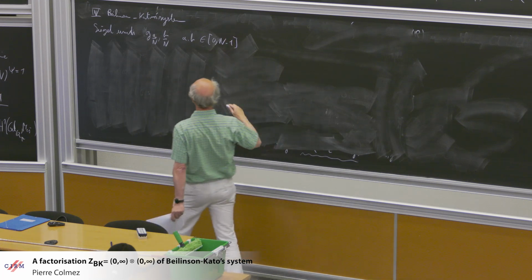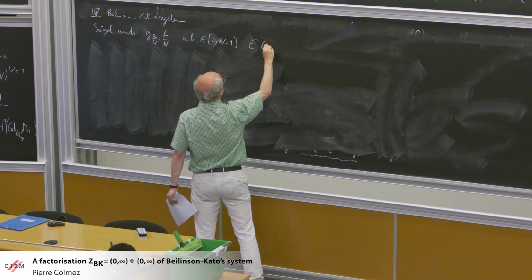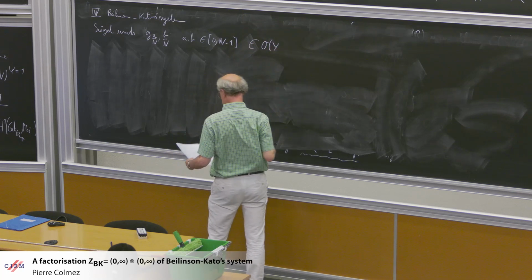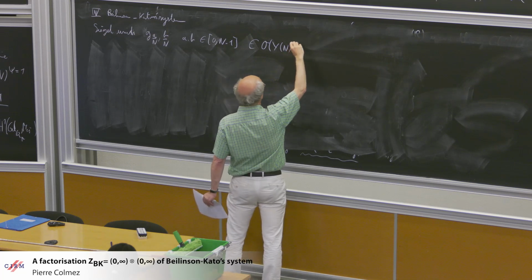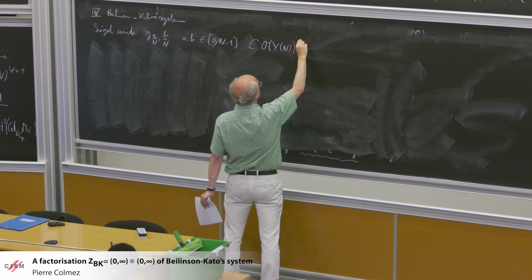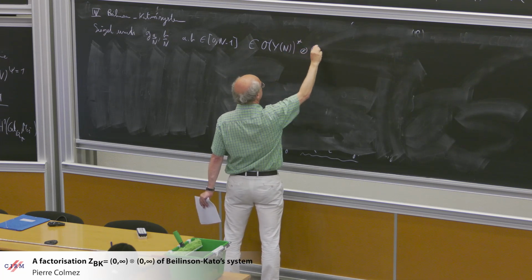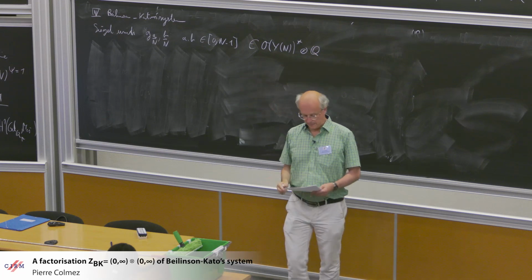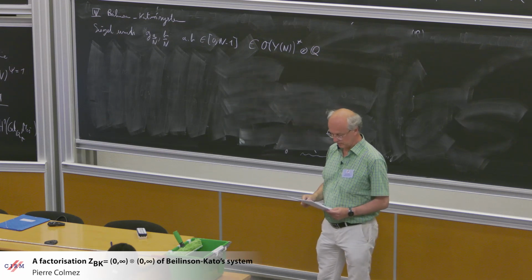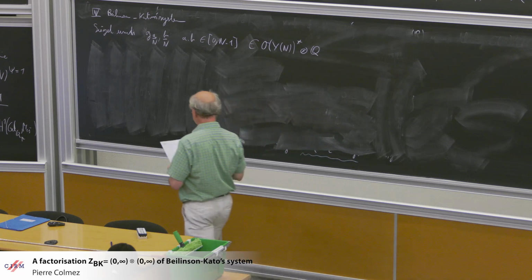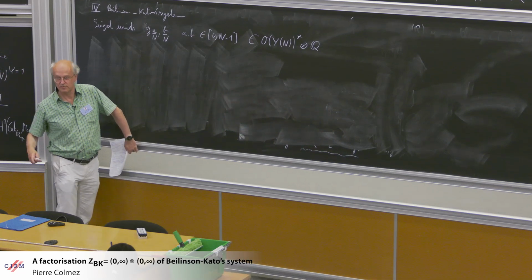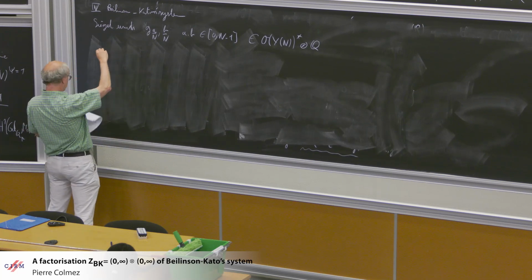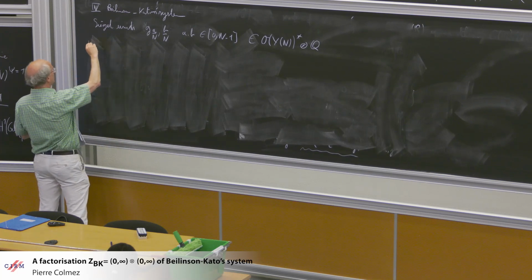So these are units on the modular curve Y_N, but you have to put some denominators. So I'm not giving the formula, it serves no purpose. But the point is that you have relations between these units.